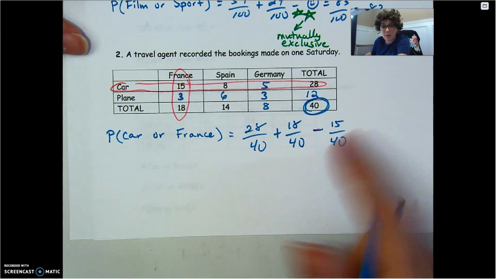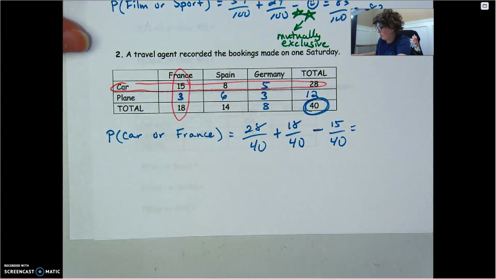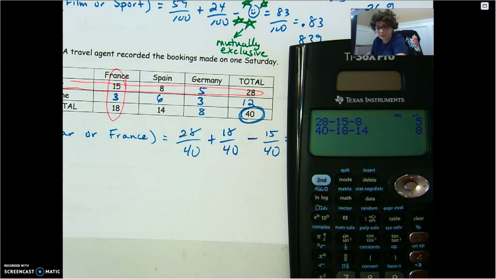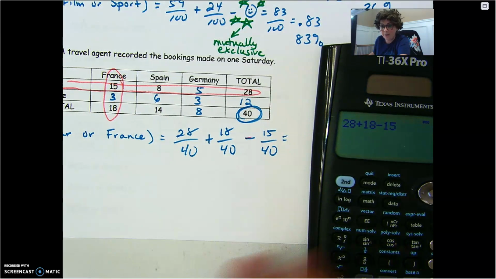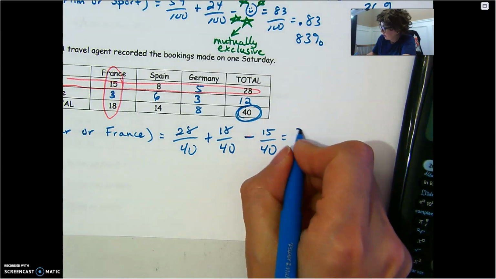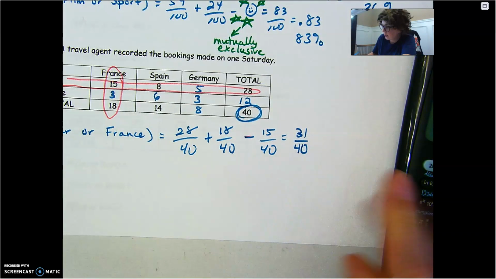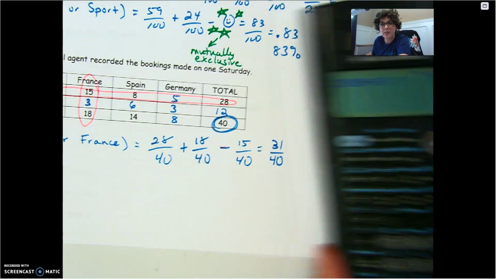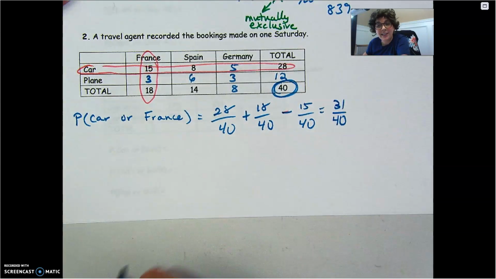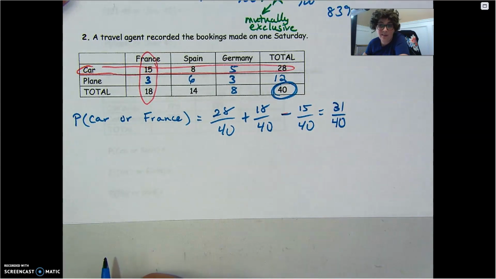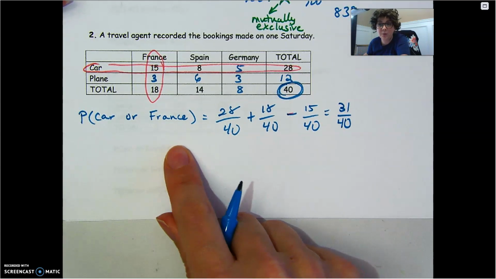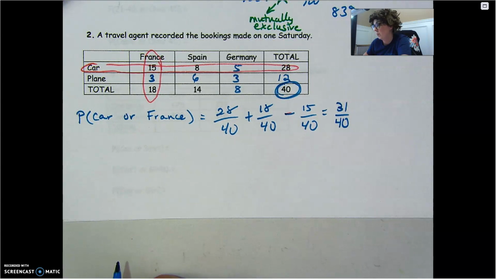The denominator is the same all the way through, so all I have to do is the numerators. So we've got 28 plus 18 minus 15, which gives me 31 out of 40. And you can leave it just like that, or you could turn it into the decimal or the percent. Honestly, when it's free response, it's whatever. Just be comfortable for multiple choice because you don't know how multiple choice might show it.